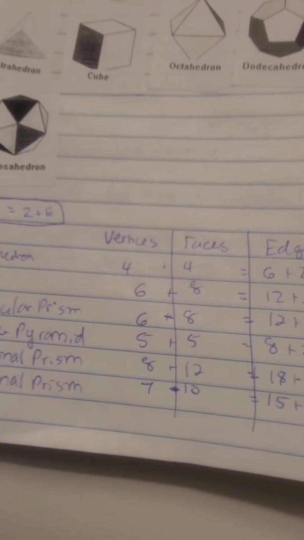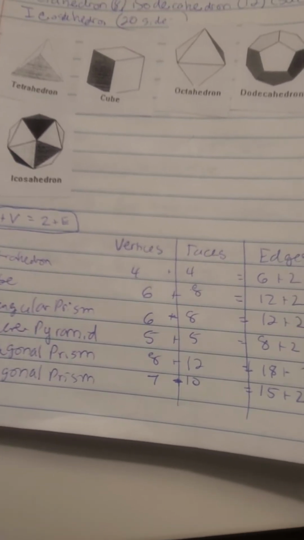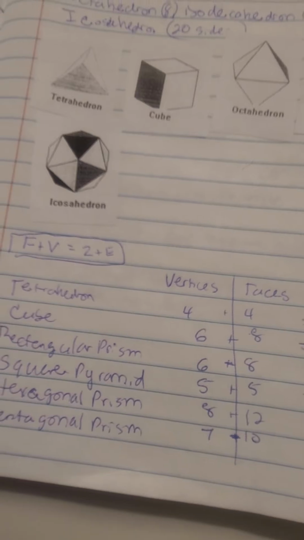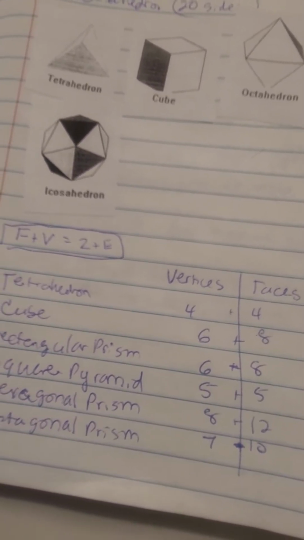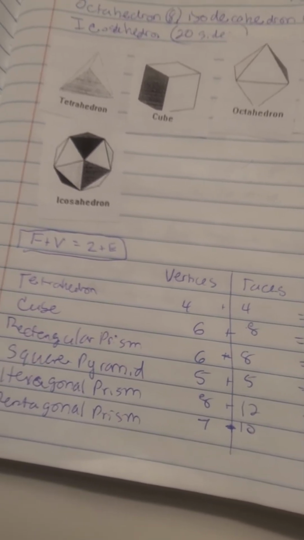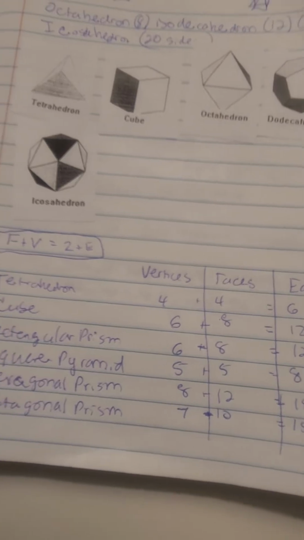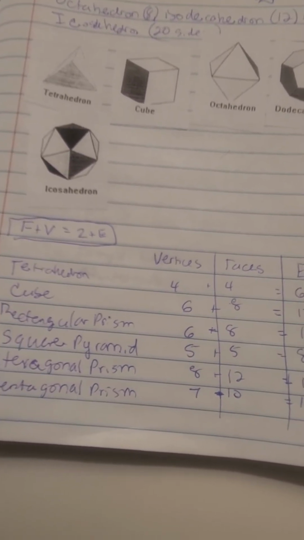And you add them up, it gets 14. And you add the edges plus 2, it should give you the same number. Thus the formula F plus V equals 2 plus E. So the number of faces and the vertices plus each other equals 2 plus the number of edges. That's how you figure out if it is a regular polyhedron.